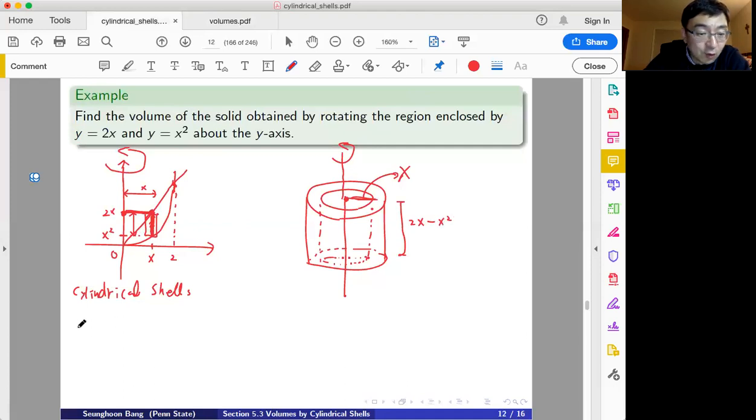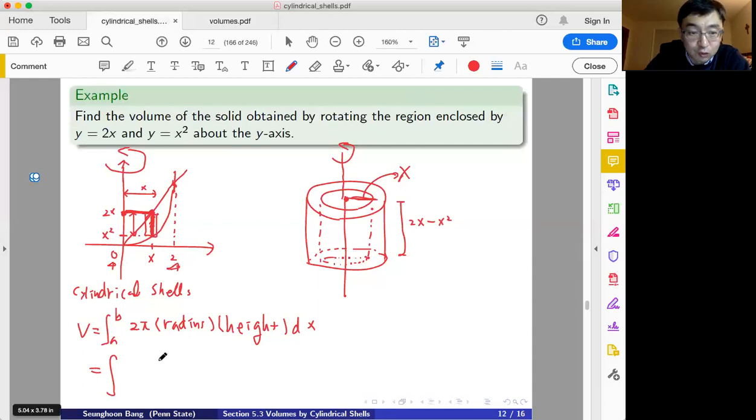So what's the volume? The volume is the integral from A to B of 2 pi times radius times height dx. You can use it. A is 0, B is 2.